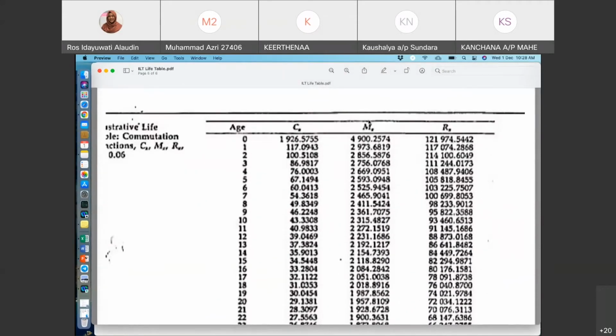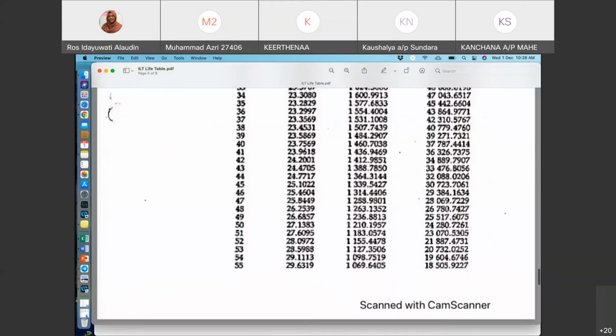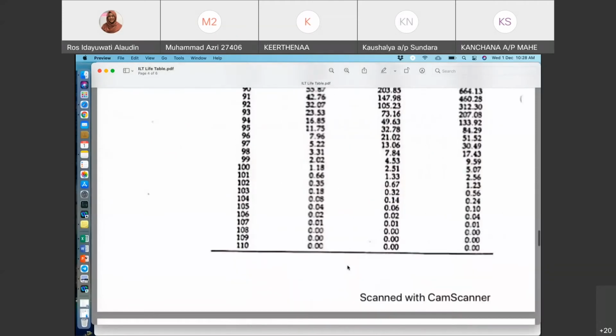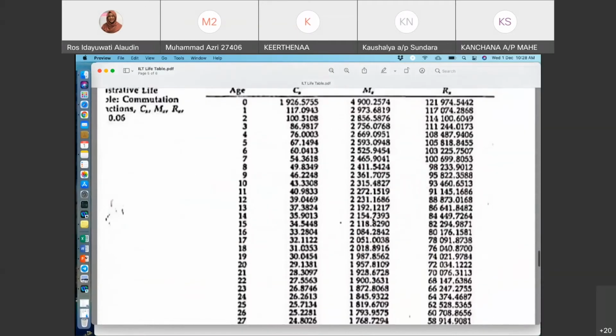Let's say we want to find A60, the whole life insurance for an individual age 60. So M60 over D60. So you find M60 here, in the middle column.